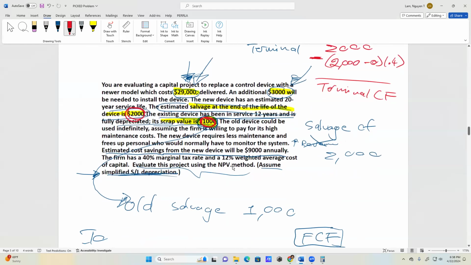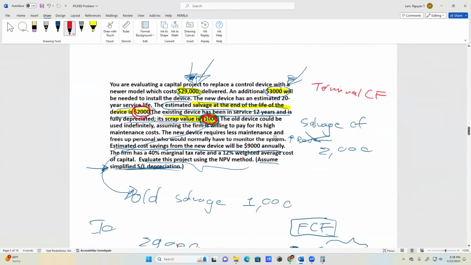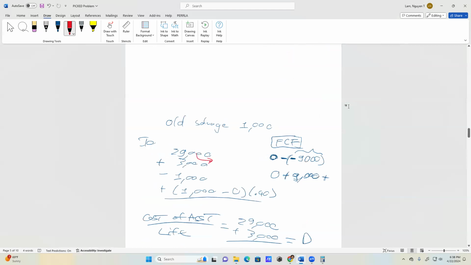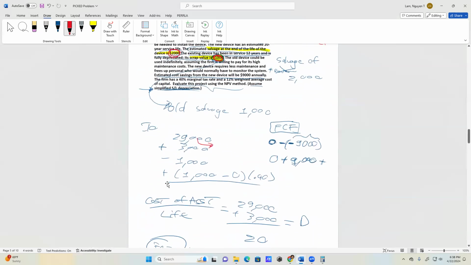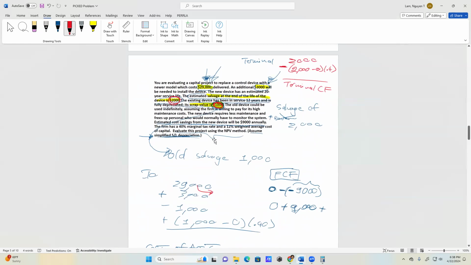And then given the three items, you can find the NPV, right? Given the terminal cash flow, the annual cash flow, and the initial cost, you can find NPV. Watch out once again, 20 years, right?